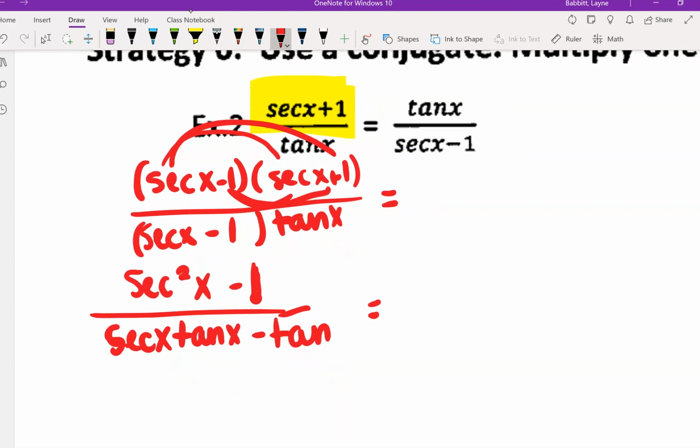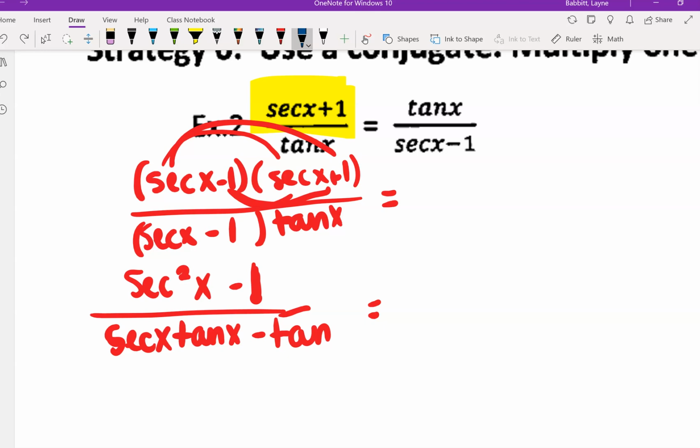And we want that to equal tangent x over secant x minus 1. All right, so we're going to have to do a little more simplifying to try to simplify this top part here. Whenever I see a squared here, I perk up and think that I might have a Pythagorean identity.